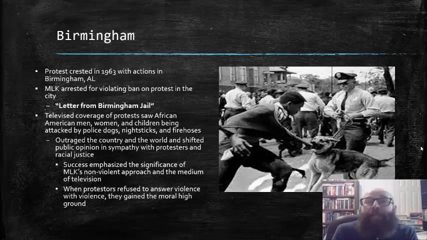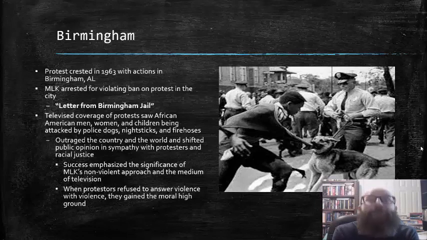Even though MLK was incarcerated for violating the ban on protests in Birmingham, the protests did continue. And televised coverage of these protests saw African-American men, women, and children being attacked by police dogs, nightsticks, and fire hoses. This outraged the country and the world and shifted public opinion in sympathy with protesters and racial justice.